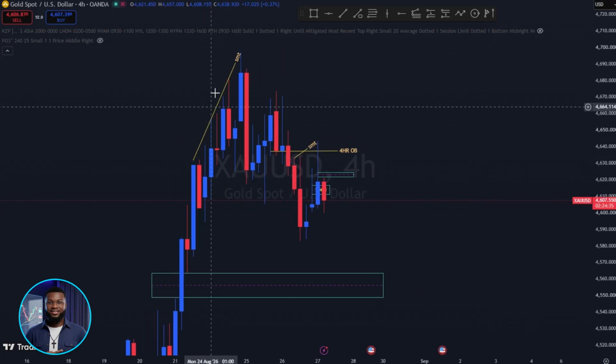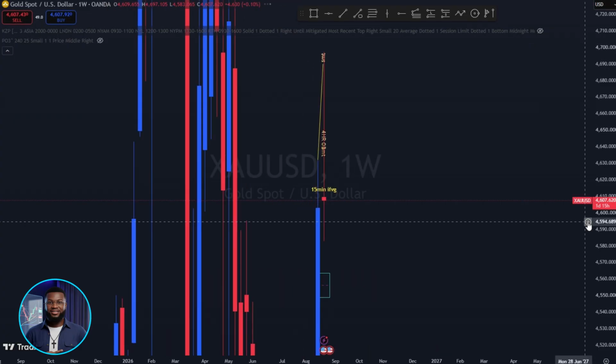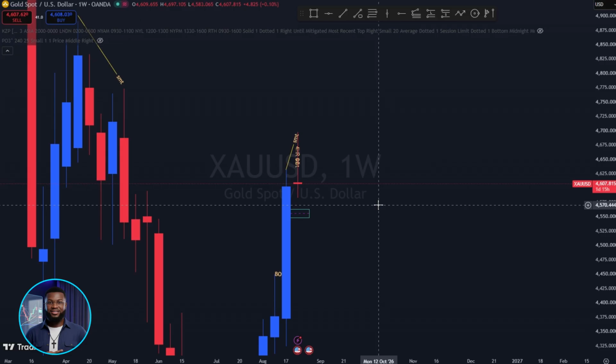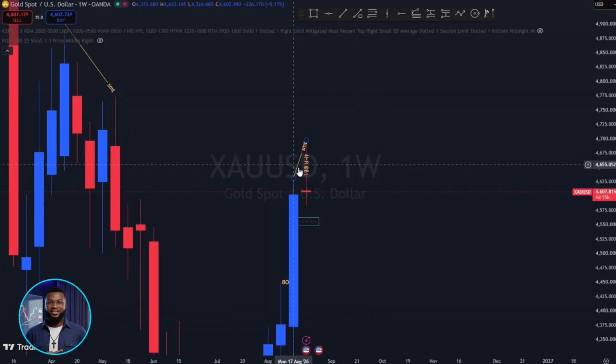Now, when you go to the daily, probably the weekly, check something right here. You can see that gold made a divergence. This weekly candle took the liquidity of the previous weekly candle, right?